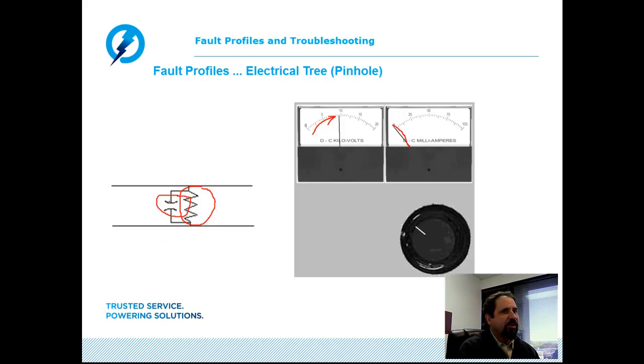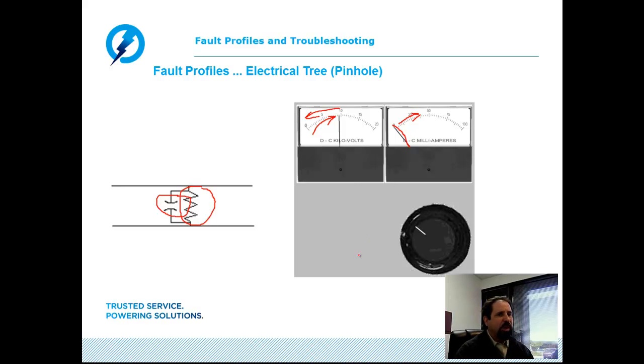If the gap value, however, breaks down, and can no longer support or sustain the voltage that we are applying, what we would observe on the high potential test set is a drop in the voltage value, and we would start to see a rise in leakage current.